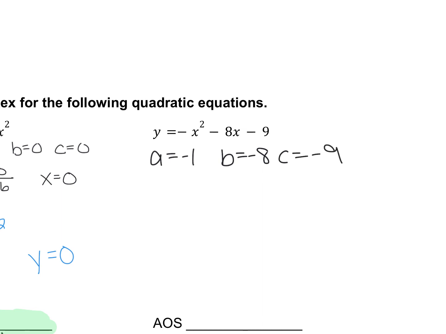Okay, so using that formula, we have x equals the opposite of B. So instead of negative 8, it's going to be a positive 8 over 2 times A, which is negative 1. Multiply that bottom first. x is 8 over negative 2. And then go ahead and divide. 8 divided by negative 2 will give me x equals negative 4.